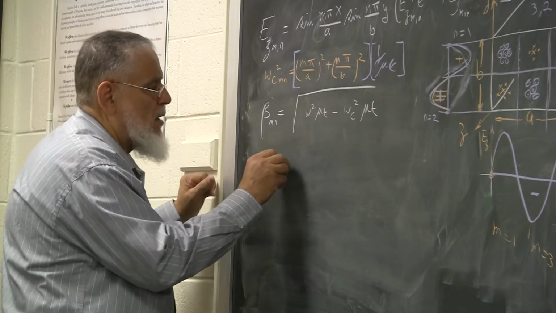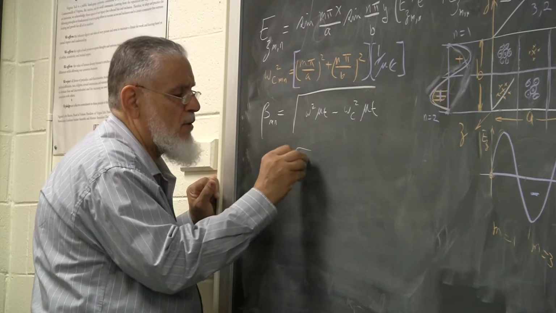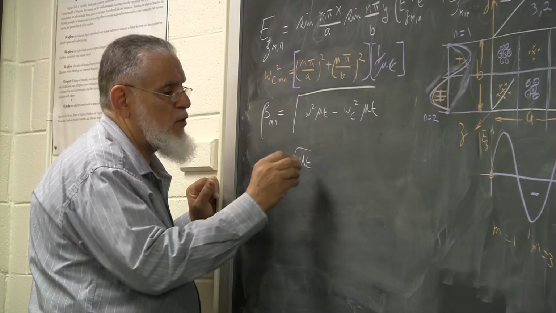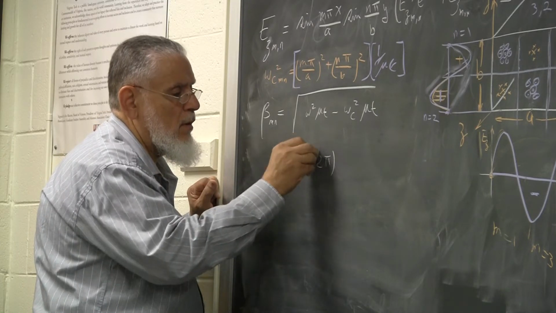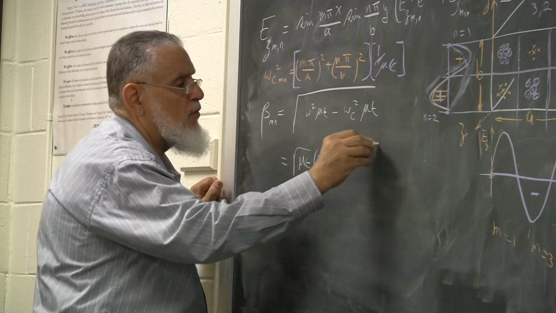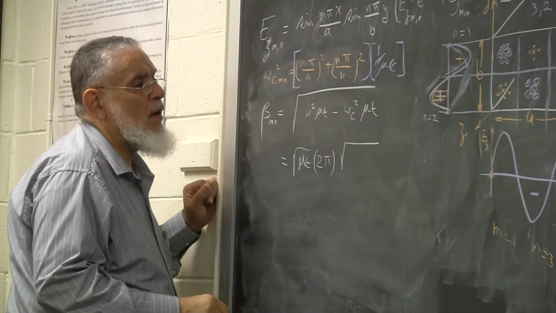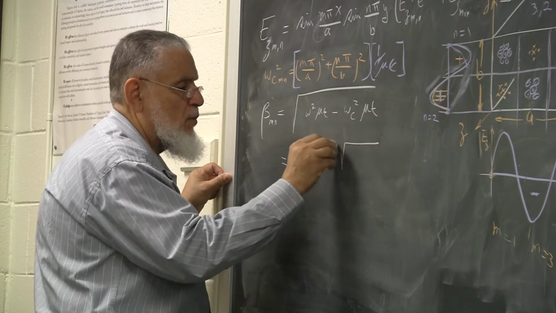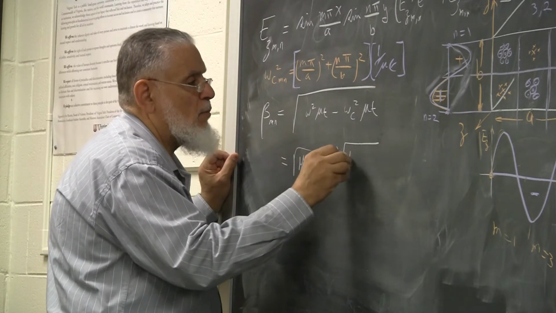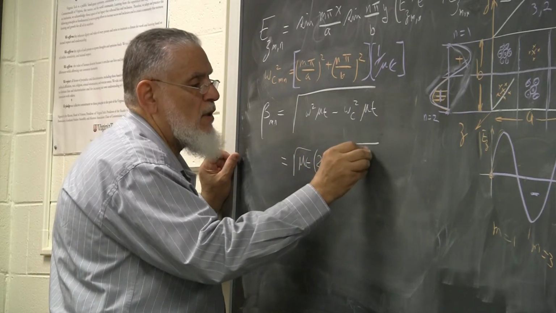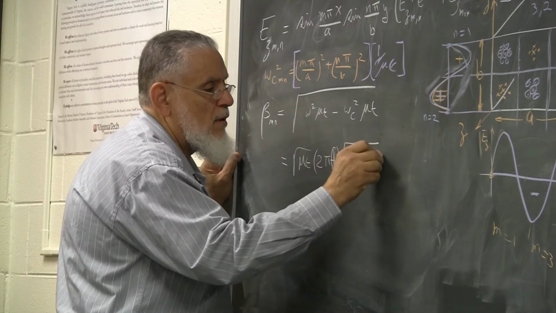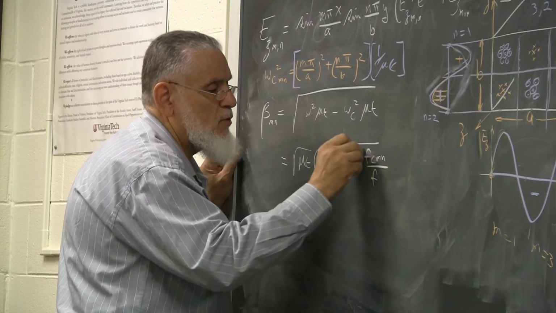So I can take the square root of mu epsilon out, and I can take a 2 pi as well, and I have a square root of, how about if I take omega as well? 2 pi f. I have 1 minus f sub c mn over f squared.